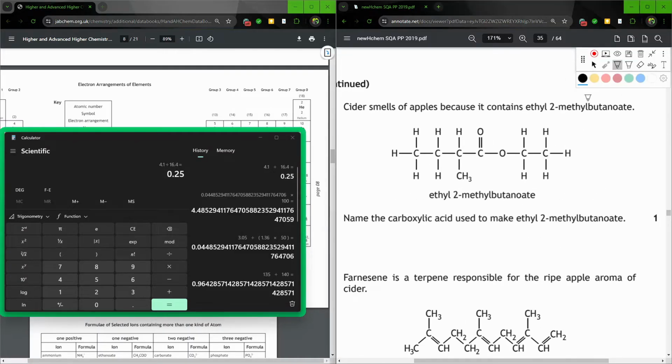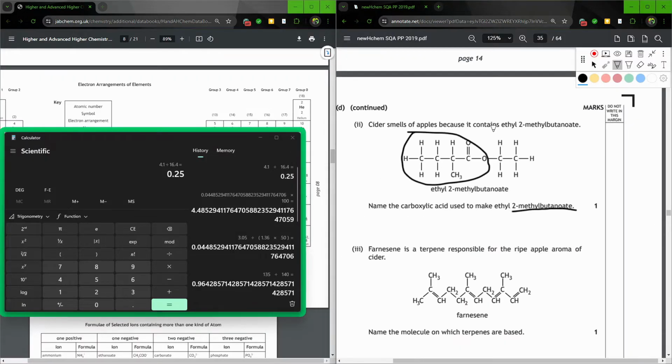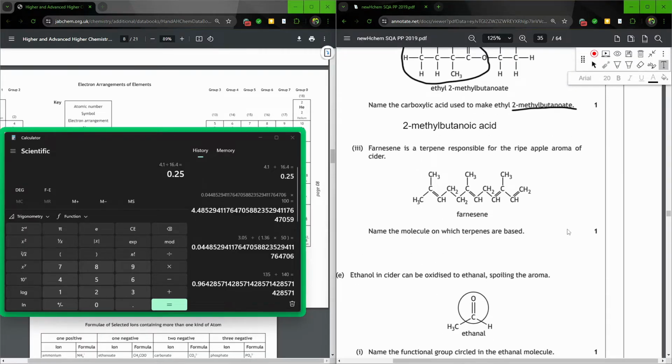Whenever you have an ester like this, the carboxylic acid is the part named at the end, the side with the double bonded O connected to the O. So we're going to write 2-methylbutanoic acid. All you really do is replace the ester ending with oic acid.